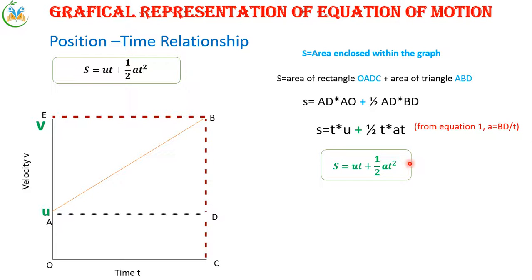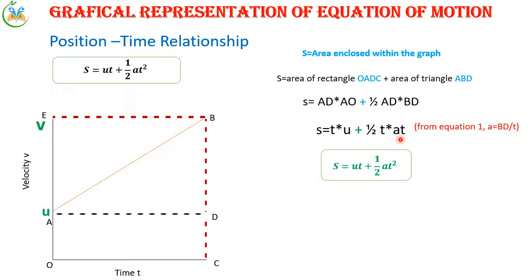Hence proved. When you multiply these things, this is ut, this becomes ut, this is half into t, and there is another t, so at square. So s equals ut plus half at square. This is the position-time relationship equation of motion.